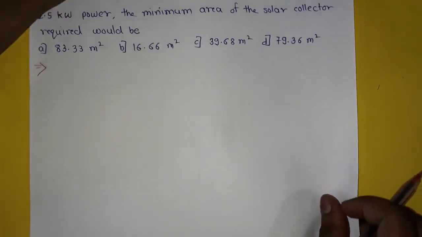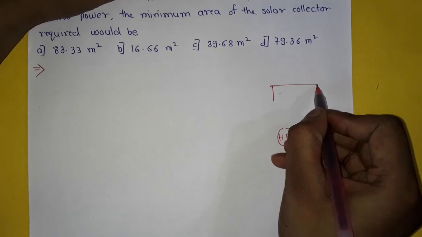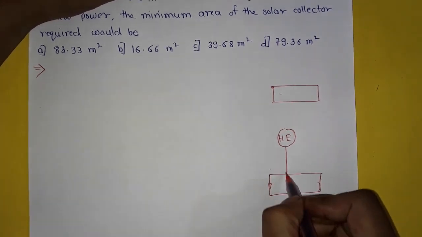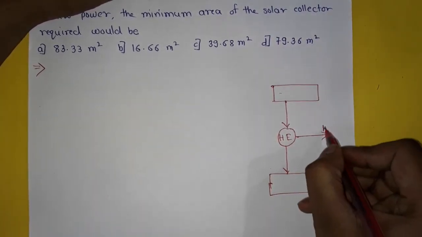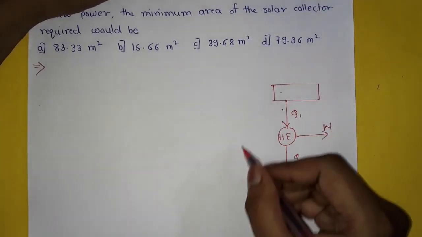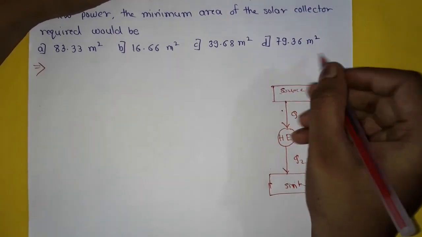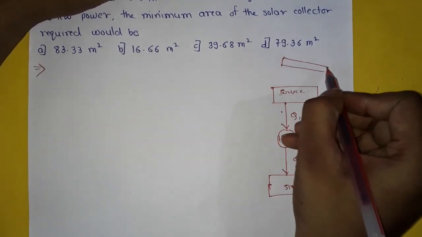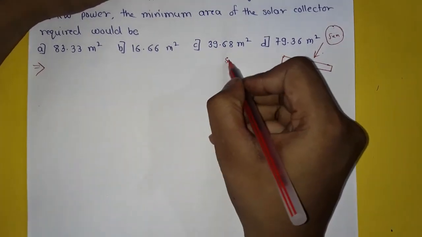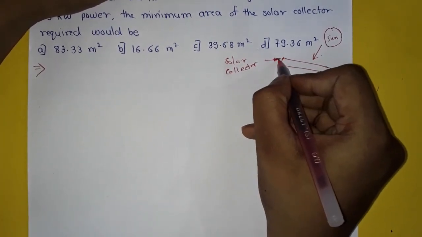So the diagram will be: this is the heat engine, this is the high temperature source, this is the low temperature source, this is the work output, this is Q1, this is Q2, this is the sink, hot temperature source we can say, and this is the solar panel, solar collector, that is, this is the sun, solar collector.